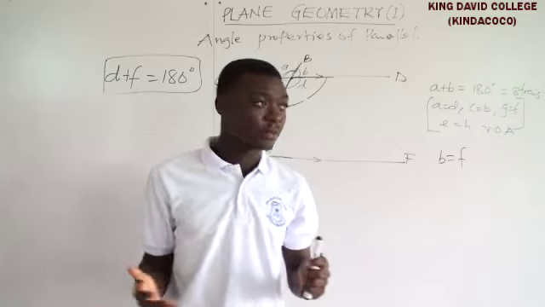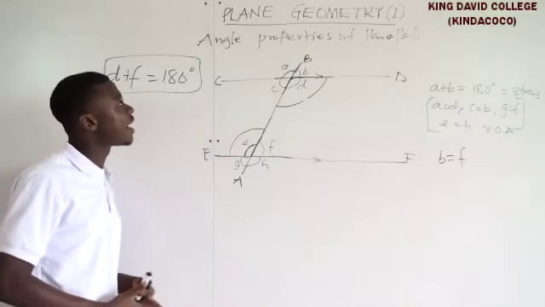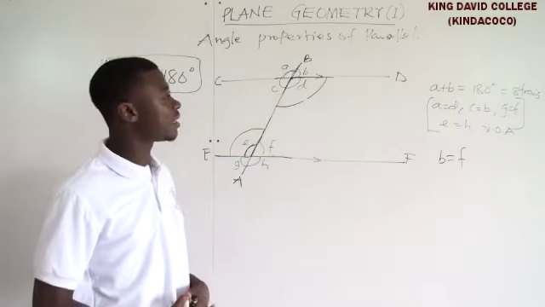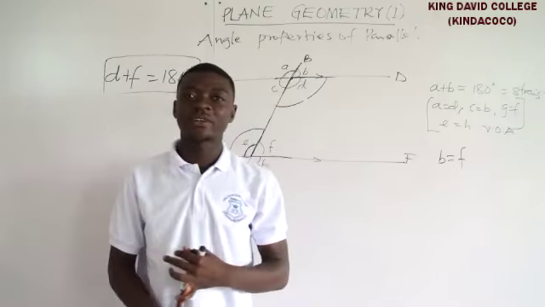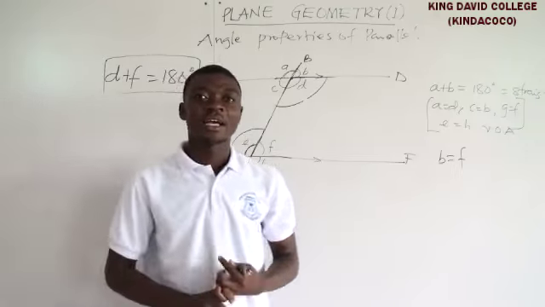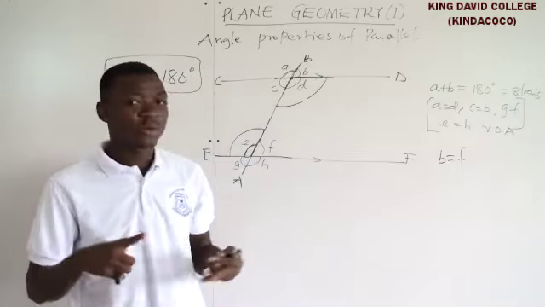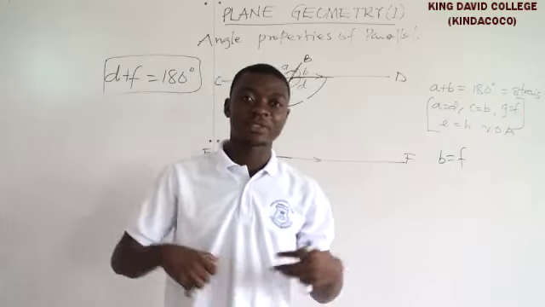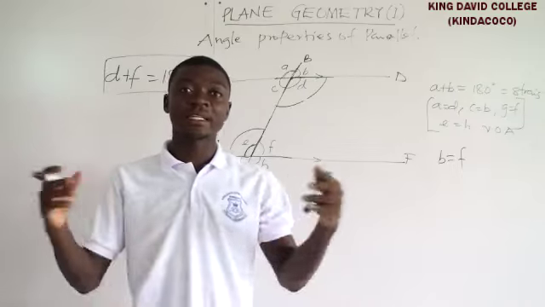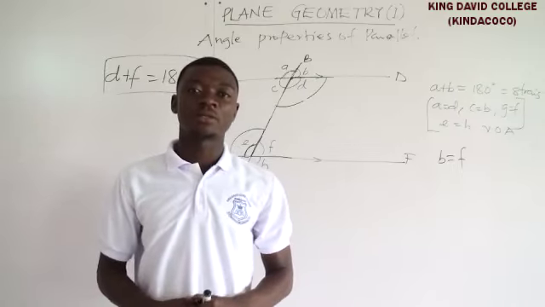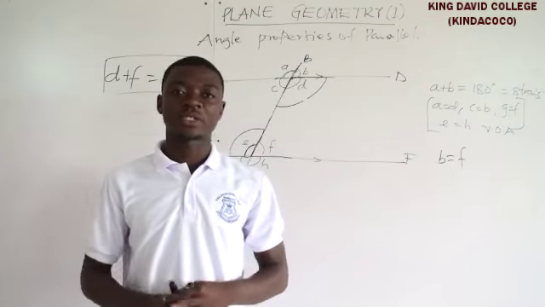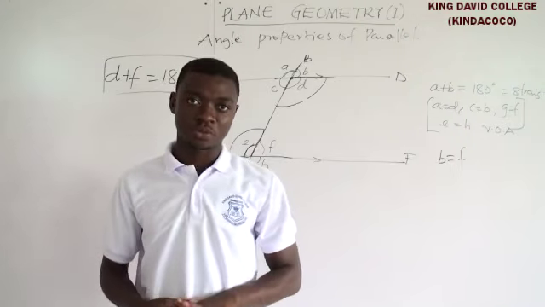Okay, good. So for angle properties of parallel lines, you are going to be looking out for alternate angles, corresponding angles, right angles, triangles, and all those things, depending on what the question is asking you to do.